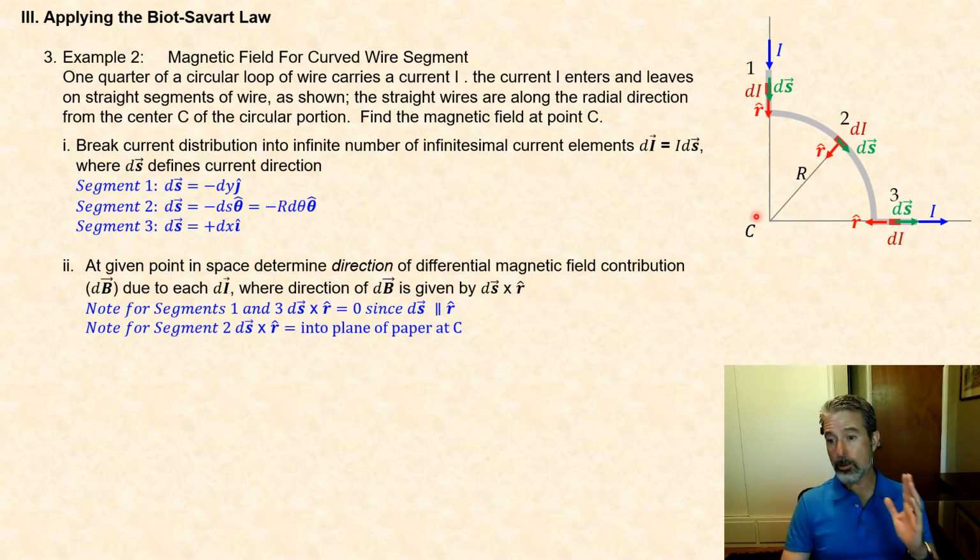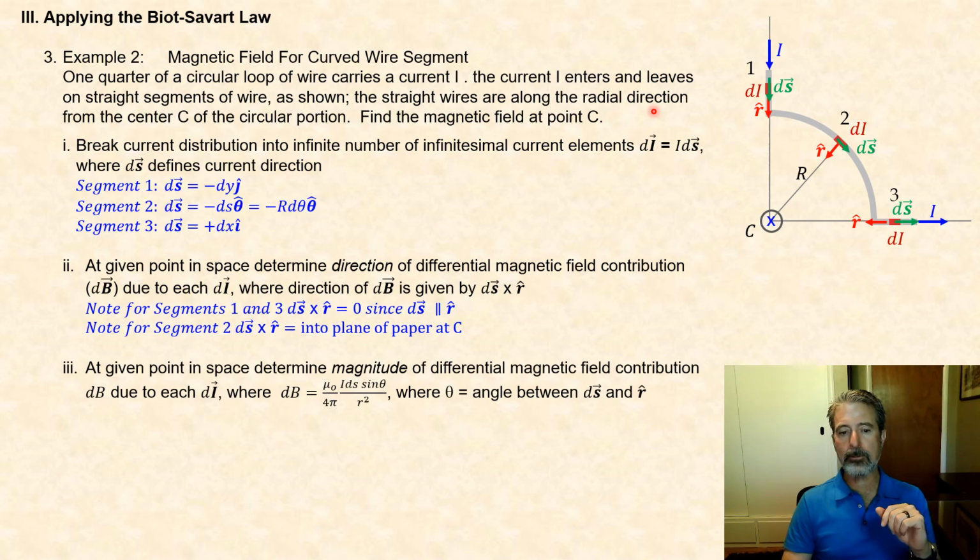All right, so now that we know the direction of the field would be into the plane of the paper, we can now work on the expression for the magnitude of that differential magnetic field vector. And remember, only segment 2 makes a contribution. Segments 1 and 3 don't make any contribution.